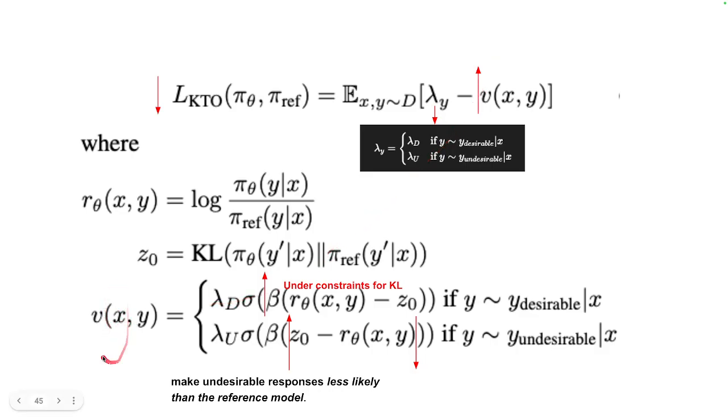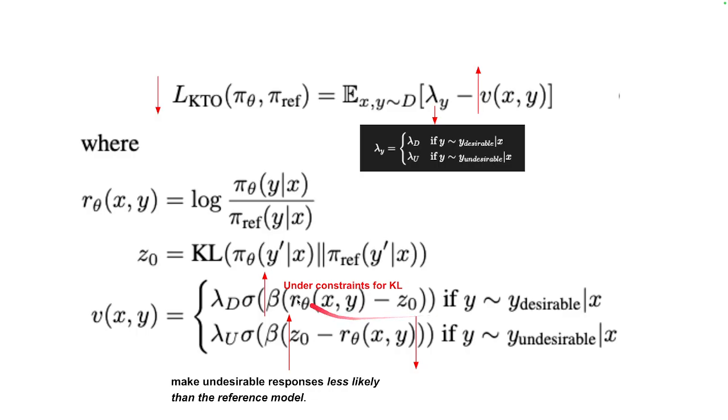If you come back to here, your value function is given by this if it is a desirable outcome, or if the response is better than the baseline. The baseline here is the reference policy, or how close your policy is to the reference policy. This is your baseline, and it makes sense because you always have the reference model to refer to.